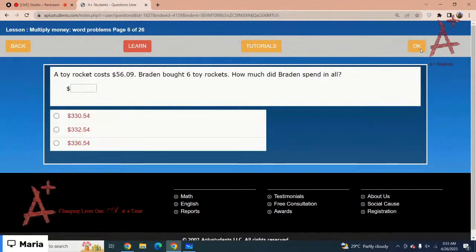Okay, a toy rocket costs $56.09. Braden bought 6 toy rockets. How much did Braden spend in all? You need to do 56.09 times 6.